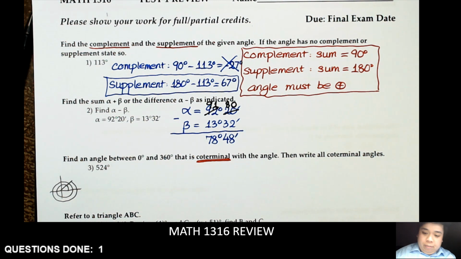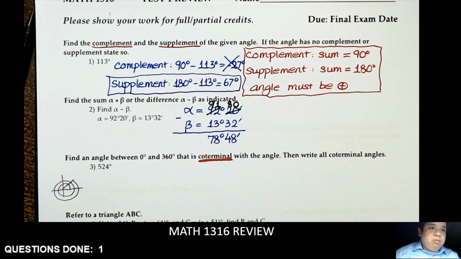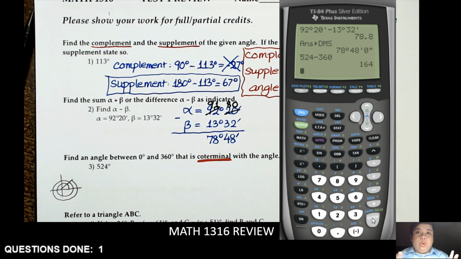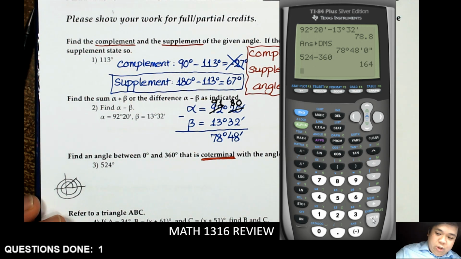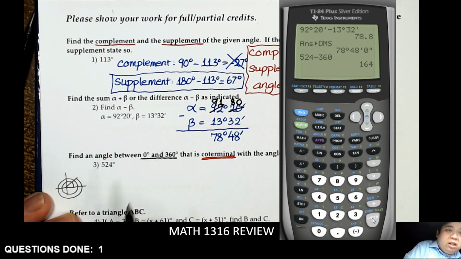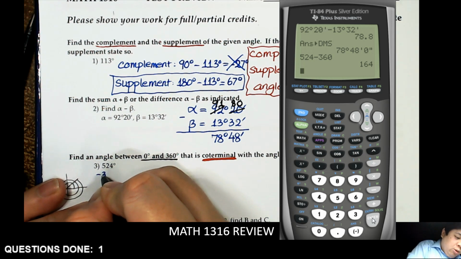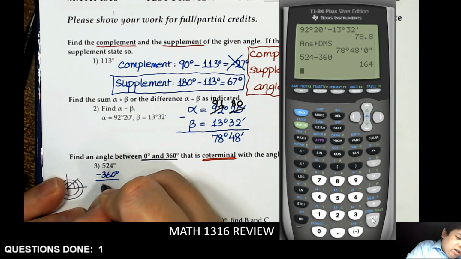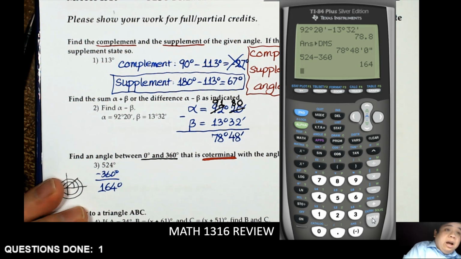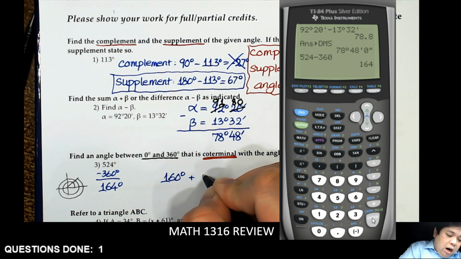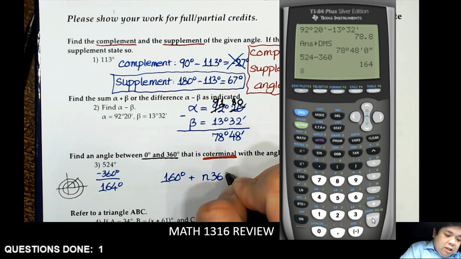So I take 524 minus 360, which is 1 revolution, and we have 164, which is between 0 and 360. So we subtract 360, 1 revolution, and we have 164 degrees. In general, any coterminal angle will be 164 plus a multiple of 360 degrees.